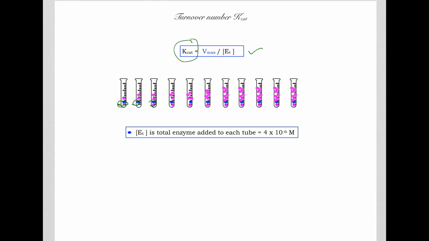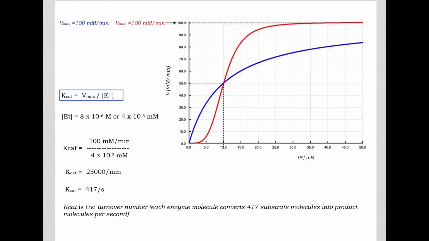So Kcat is basically Vmax divided by enzyme concentration. So the enzyme concentration is 4 times 10 to the power minus 6 molar, because this unit is molar, while Vmax is in millimolar. So we can convert enzyme concentration into millimolar, and that comes out to be 4 times 10 to the power minus 3 millimolar.